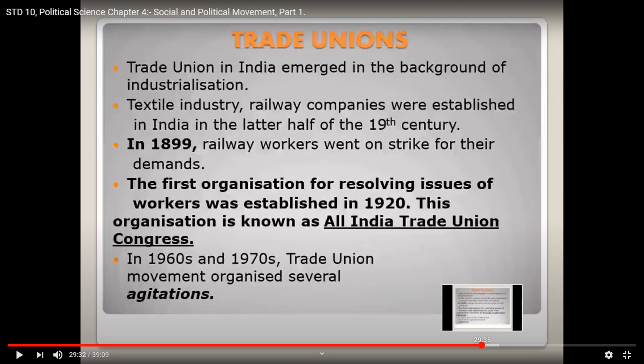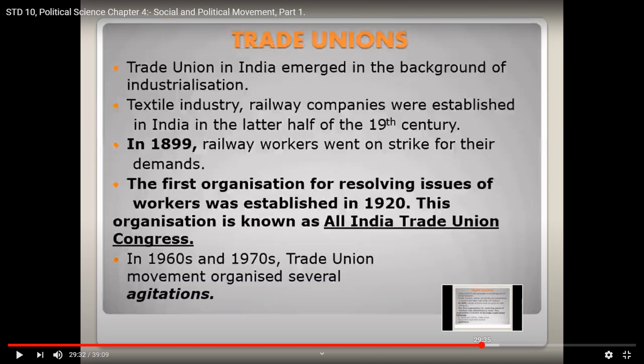Trade unions. Now trade unions, let us see. Trade unions in India emerged in the background of industrialization. Textile industry and railway companies were established in India in the latter half of the 19th century. In 1899, railway workers went on strike for their demands.